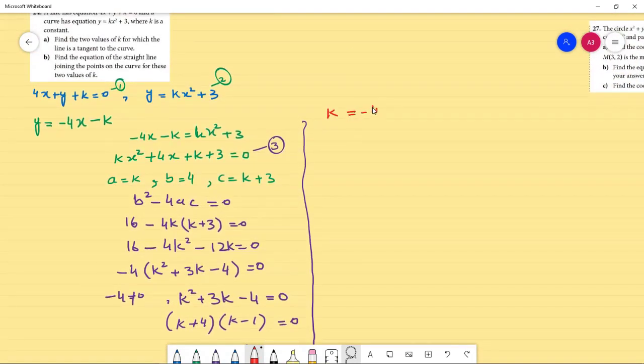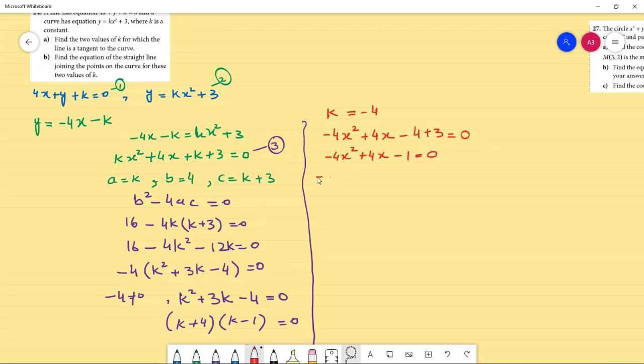If we take k is equal to -4, then this equation would become -4x square plus 4x and -4 plus 3 equal to 0. So -4x square plus 4x, -4 plus 3 would become -1, equal to 0.